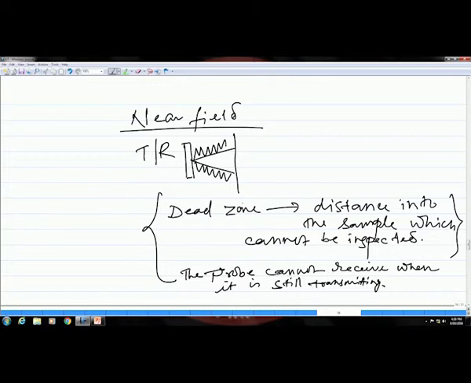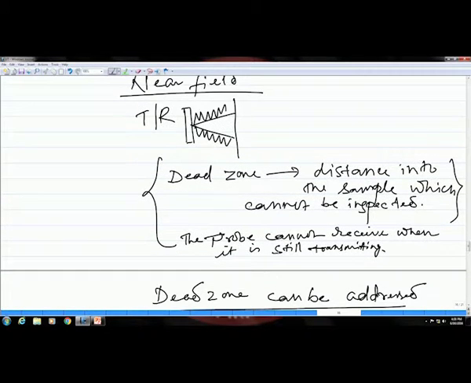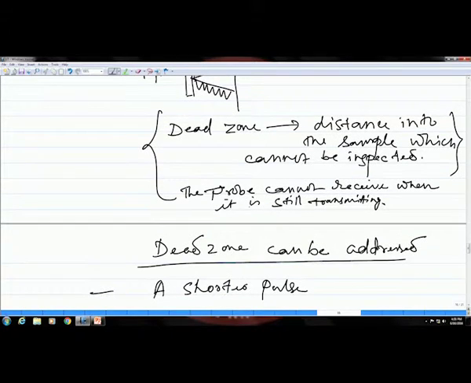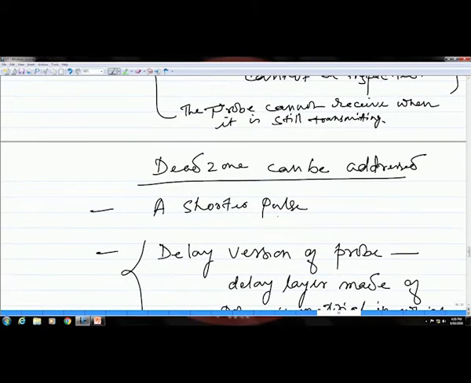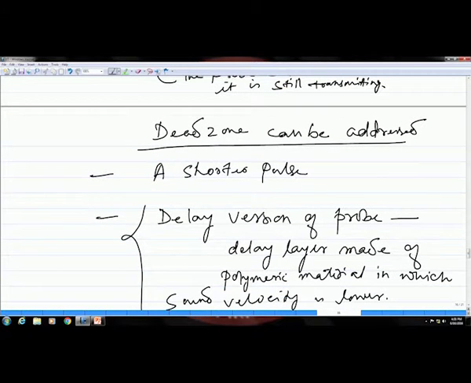And then we saw how this dead zone can be addressed. There are different ways by which the dead zone effect can be addressed. One is using Schroeder pulse or high frequency pulses.